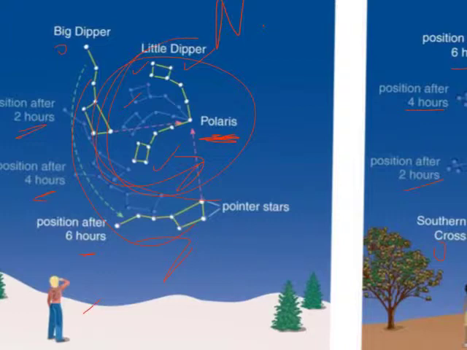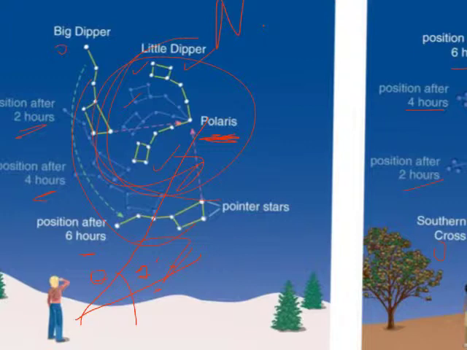So if this line represents the horizon, and this line goes up to the star Polaris, that angle, whatever that angle is, is your latitude.